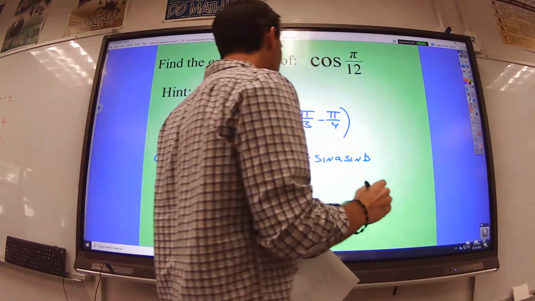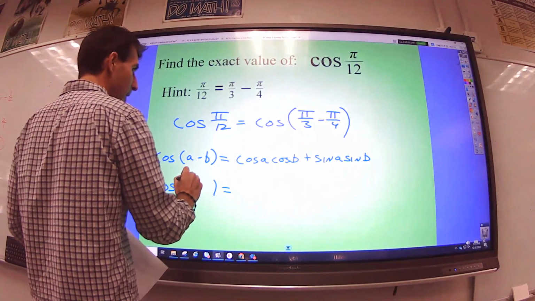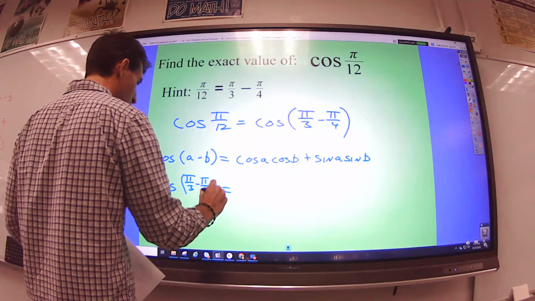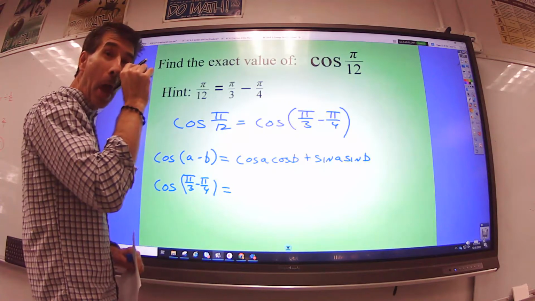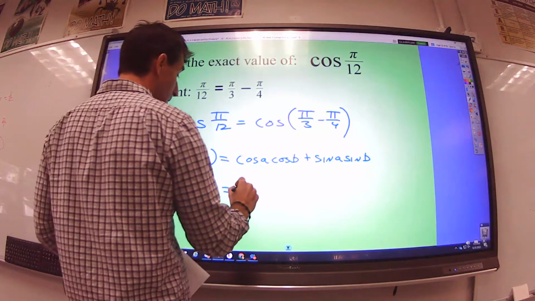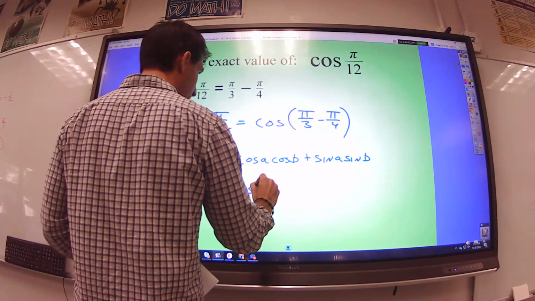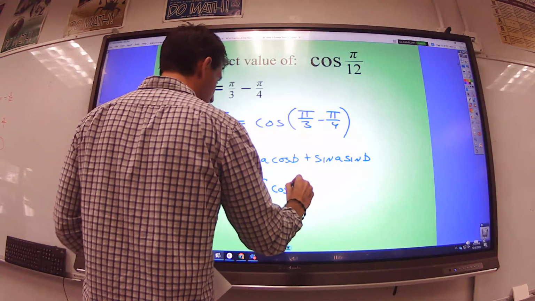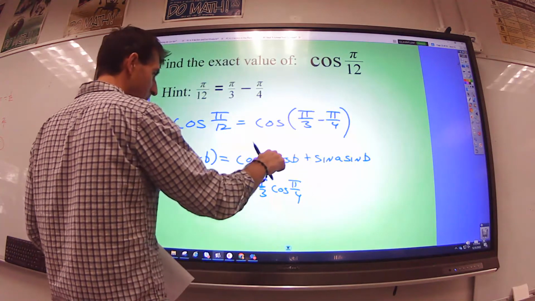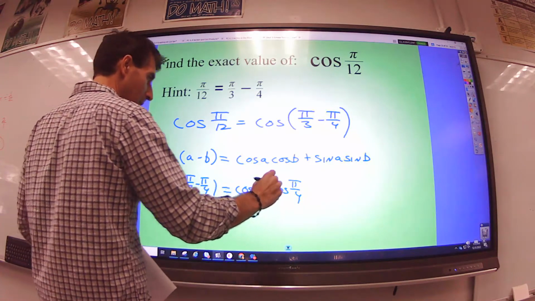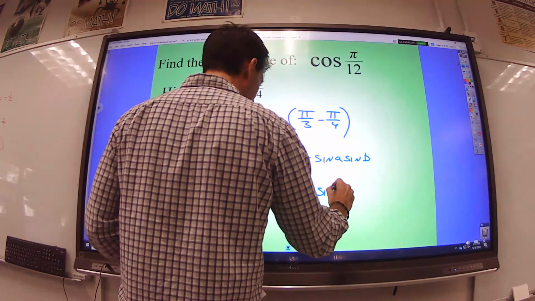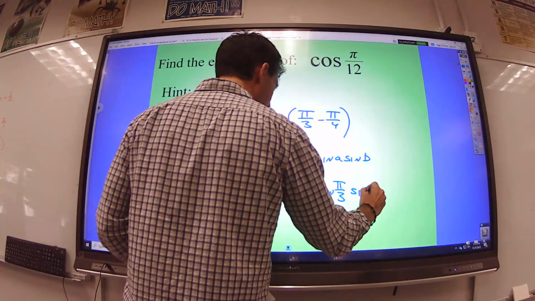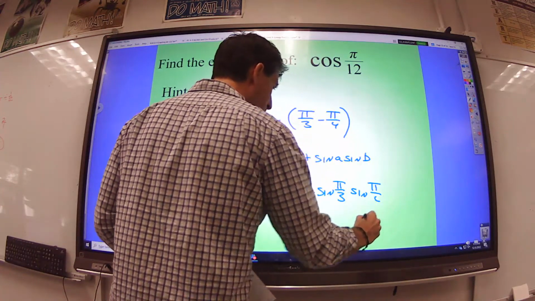Cosine of pi over 3 minus pi over 4 is going to be cosine of pi over 3 times cosine of pi over 4, cosine of A times cosine of B, plus sine of pi over 3 times sine of pi over 4, right?